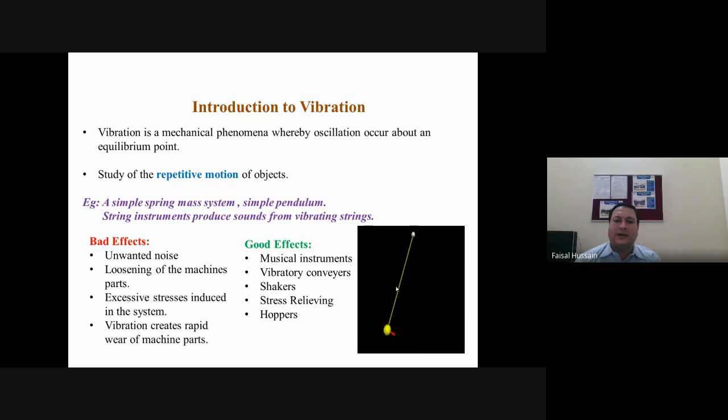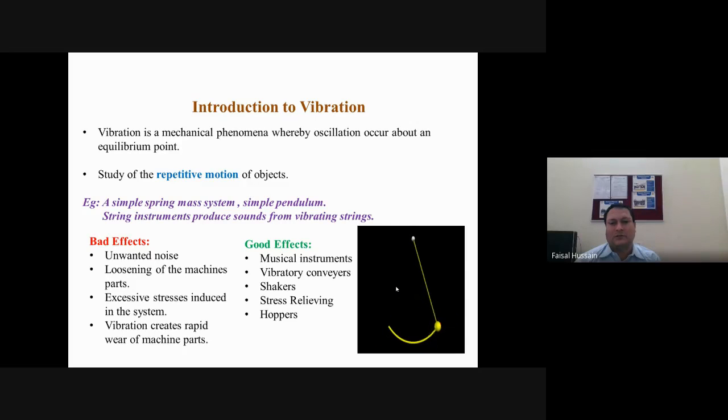You can also take the example of a spring mass system. Similarly, string instruments produce sounds with the help of vibrating strings, for example, your guitar. Now, vibration has some good effects and some bad effects.